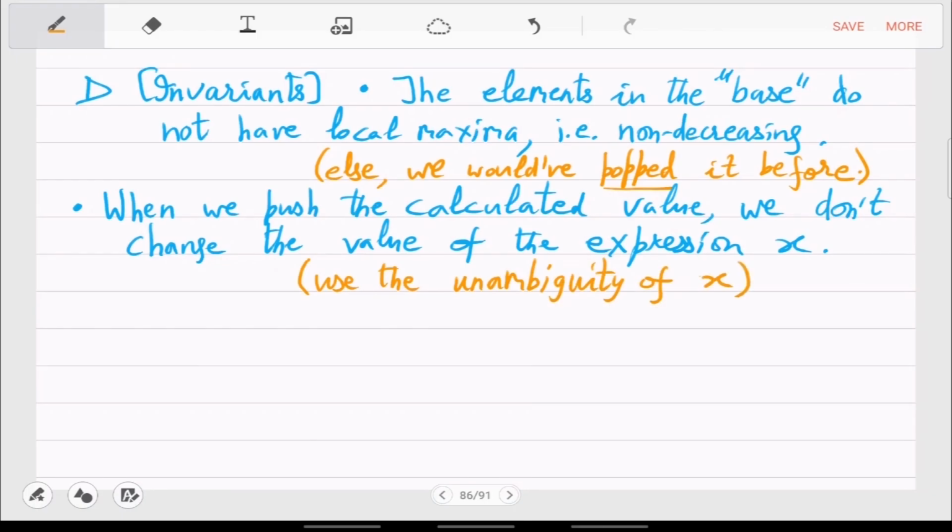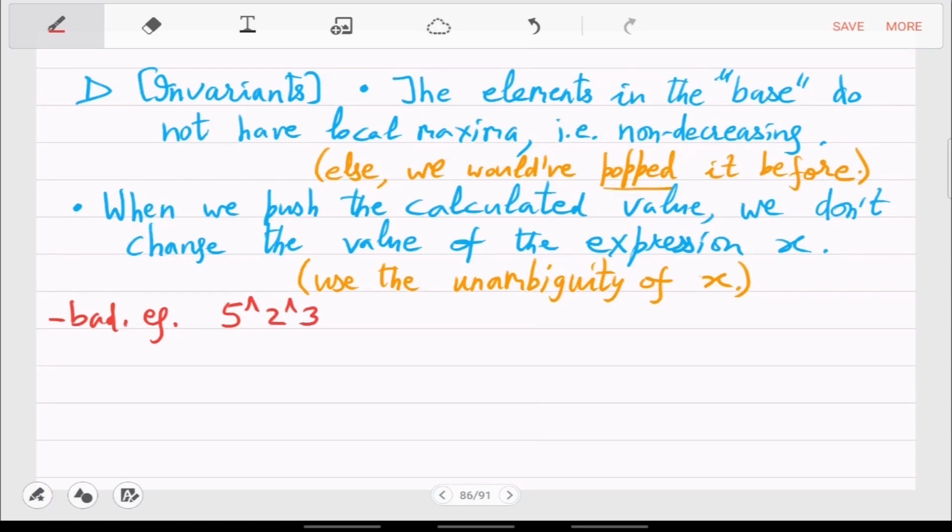of x. So if x was ambiguous, do you know an example of an ambiguous expression which can have two different answers? Let's see an ambiguous example. What do you do when you have 5 wedge 2 wedge 3?